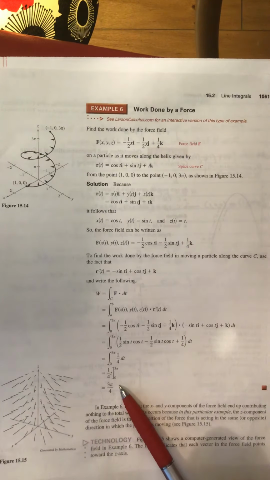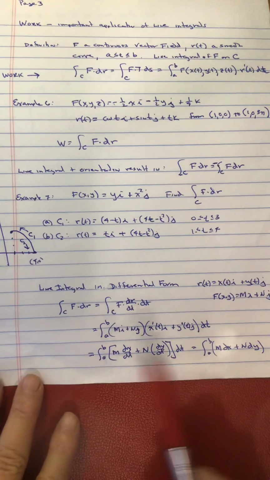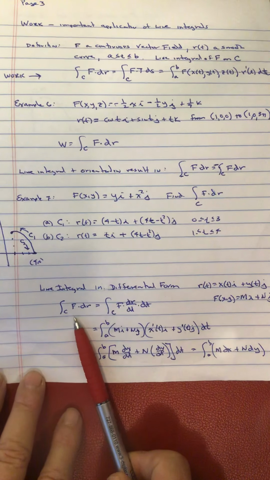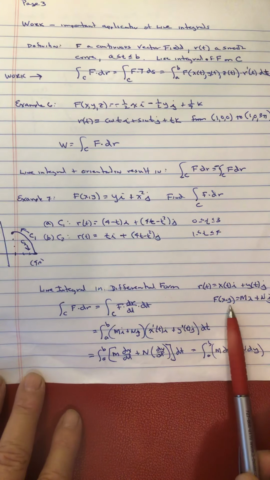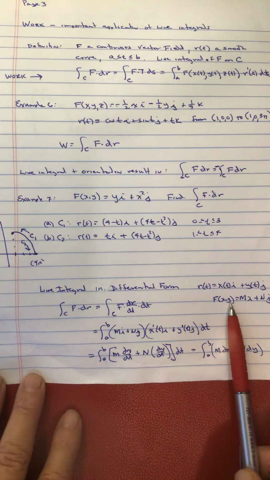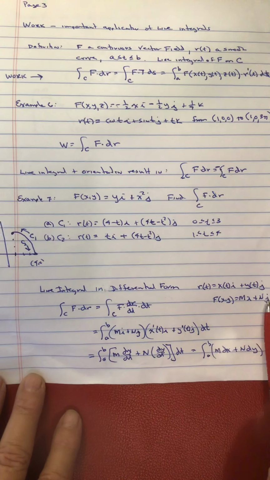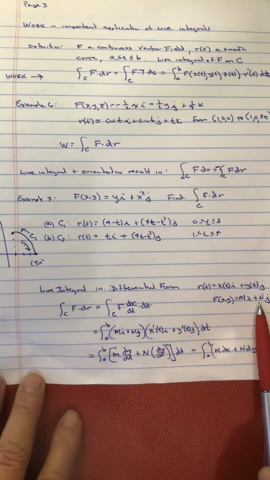Now, line integrals can show up in different ways, in different looks, and yet they're still a line integral. So work, when F of x, y is M i plus N j, one of the forms we had. We looked at being conservative with these vector fields.